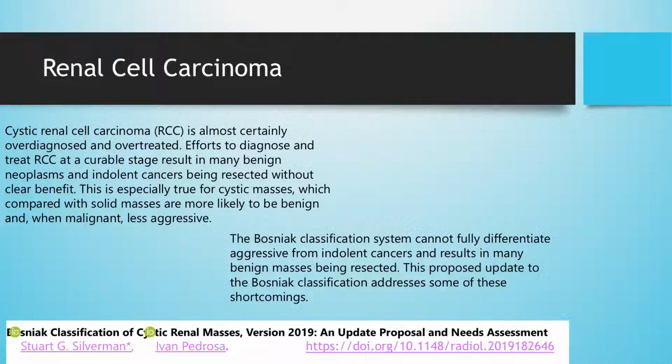The morbidity had also increased, as had the cost of doing all of these surgeries, and they weren't saving lives. So they actually had to do a reclassification of the Bosniak system, and that was done in 2019. That illustrates that things progress, they change. It's not static. You don't find out something and then it's never going to change. It might change by the time you finish speaking.